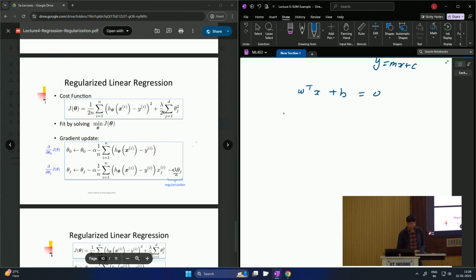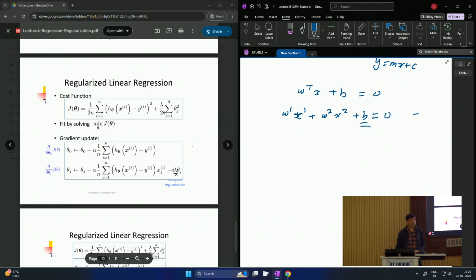For example, let's say we were working in 3 dimensions: W1 X1 plus W2 X2 plus W3 X3 plus B is equal to 0. Or if it was 2 dimensions, let's not go to 3, W1 X1 plus W2 X2 plus B is equal to 0. You can assume that X2 is Y and write it as y is equal to mx plus c. Everybody okay?